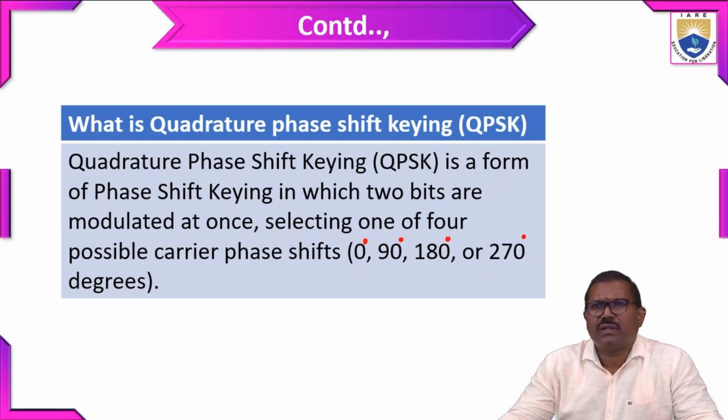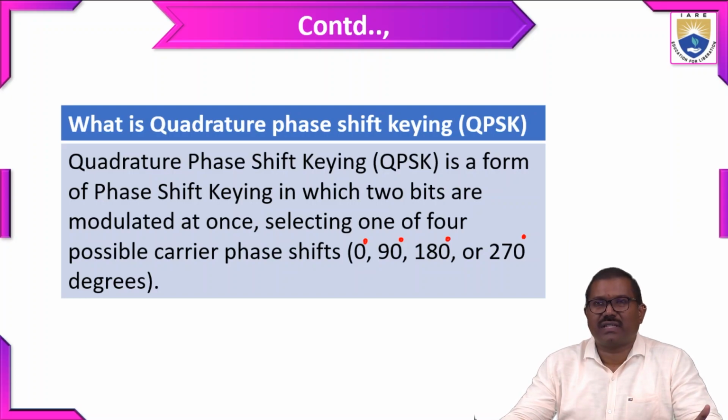Okay. So here we can select any one of these phase shifts, either 0, 90, 180 or 270 degrees. And here 2 bits can be sent at a time.